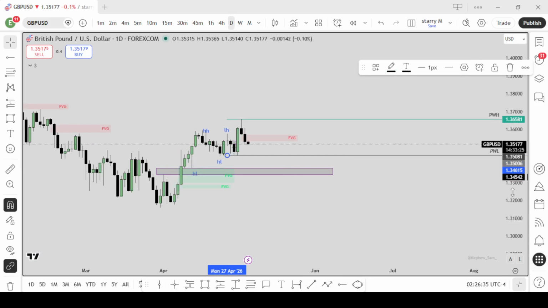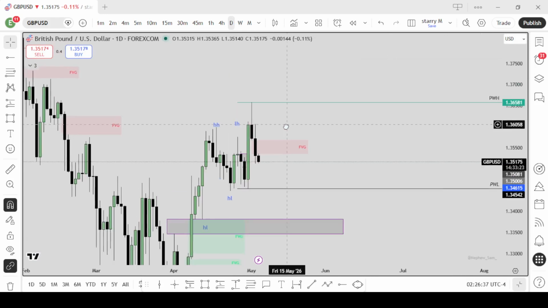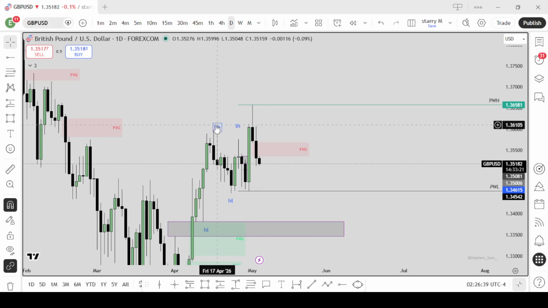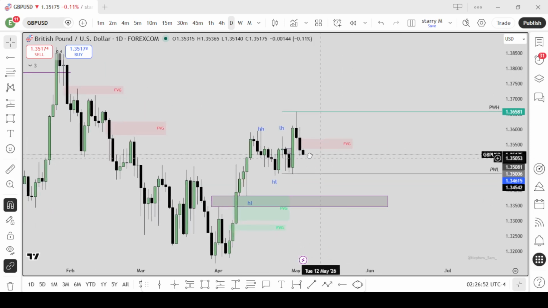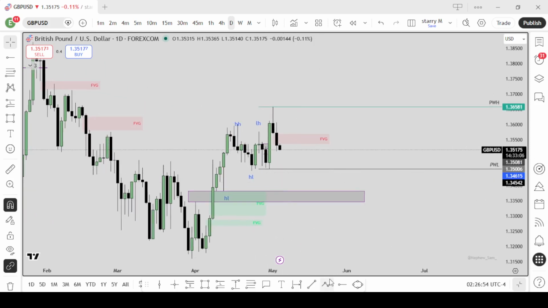In the daily, you can see we just mitigated this. Now we are looking to come down and maybe come to these levels here. So we need to look for an entry, a pullback on the 1 hour.